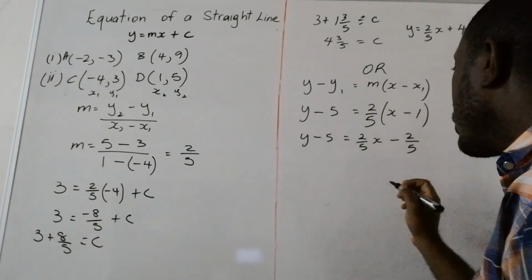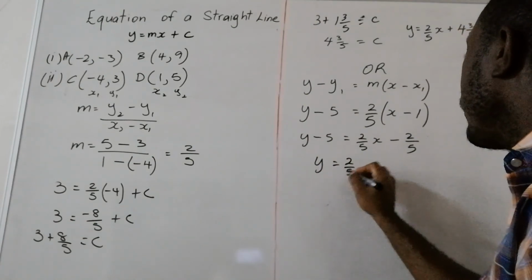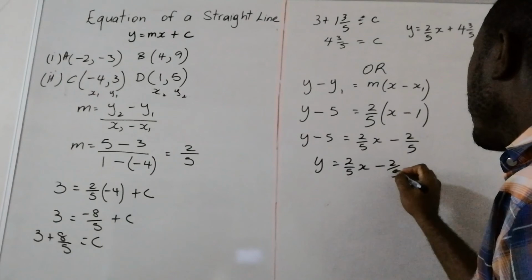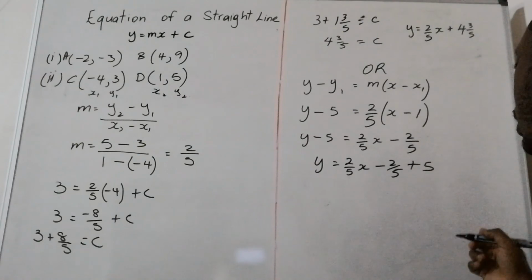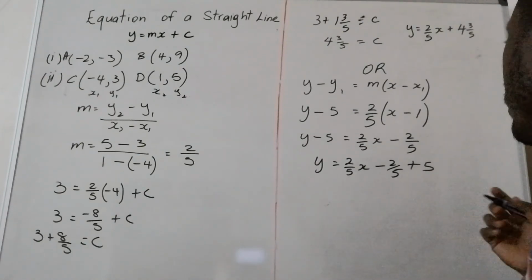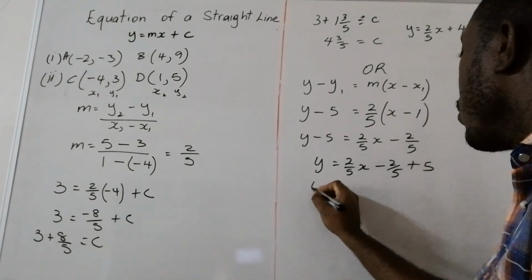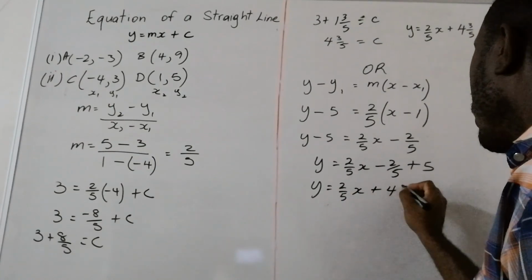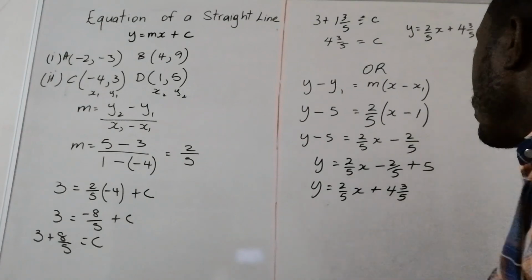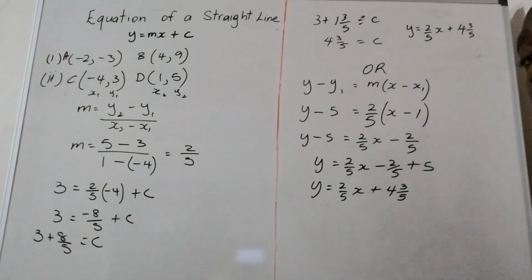So now bringing our 5 over, y will be equal to 2 over 5x, take 2/5 plus 5. And working 2/5 plus 5, that would give me 4 and 3/5. So y is equal to 2 over 5x plus 4 and 3 over 5. So here we have the same equation as that. So either way we want to work it, we will have our same answer.